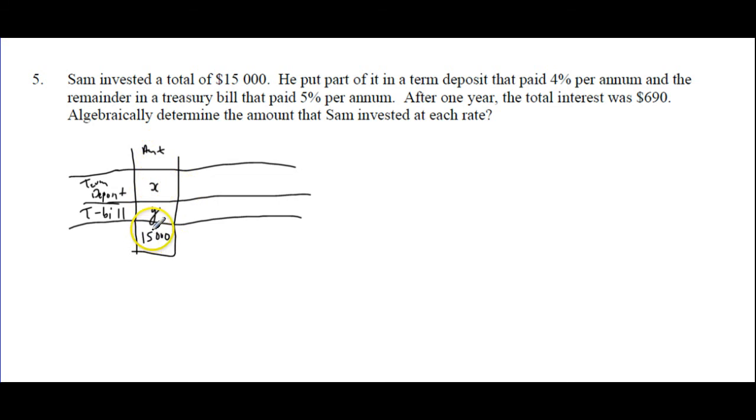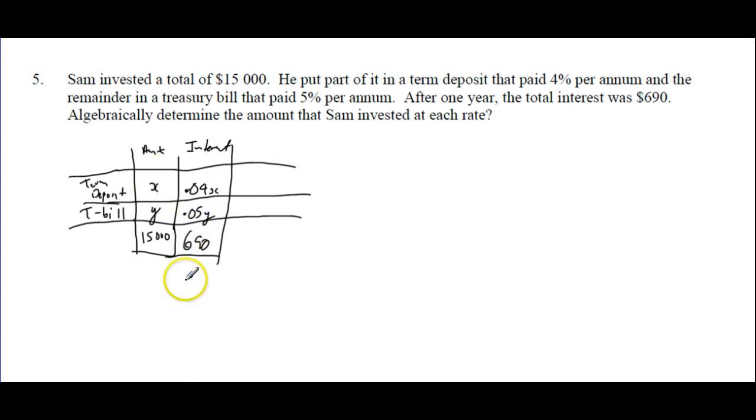The total amount invested is 15,000. This will be interest. And interest is, so the term deposit paid 4%, so 0.04, 4% of X. And this is 5% of Y, and that's a total of $690.